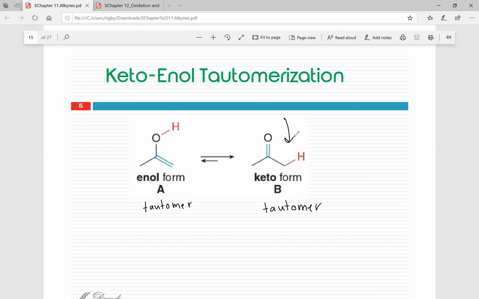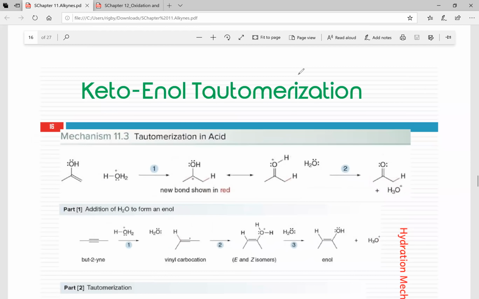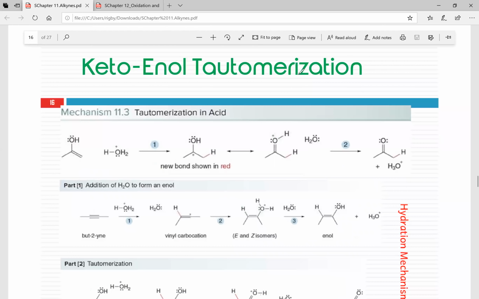And even though sometimes this form will not be a ketone, such as we'll see in future reactions, we're going to still call this the keto form, okay? The way that this occurs is usually by acid, tautomerization in acid. There is a sort of tautomerization in a base, but that will come up more in organic chemistry two. For now, all you need to know is tautomerization in acid, okay?